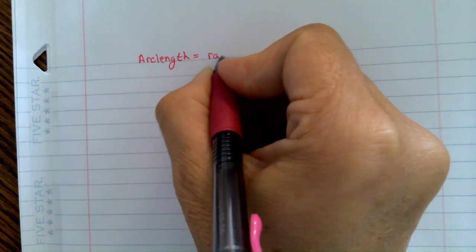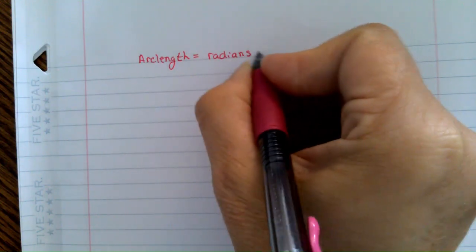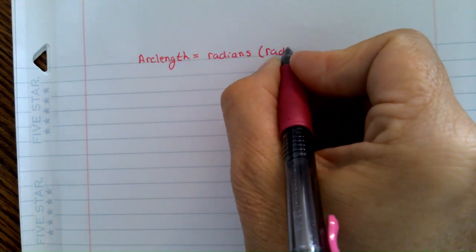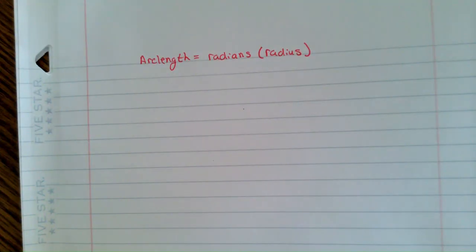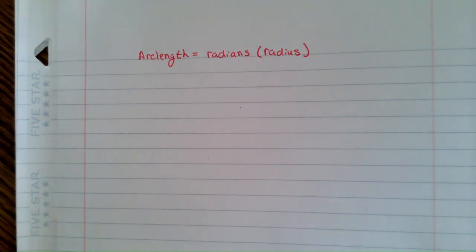So I said that a formula does exist. Well, the formula is that your arc length equals your radians times your radius. Radian, what is that?